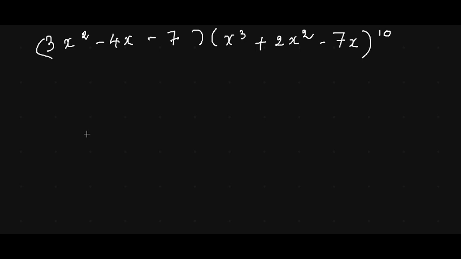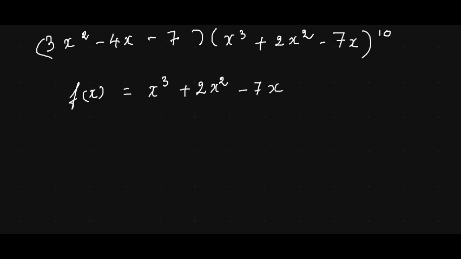So we just need to see if it is of the form f prime of x multiplied by f of x to the power of 10, right? And so therefore we know f of x is equal to x cubed plus 2x squared minus 7x.